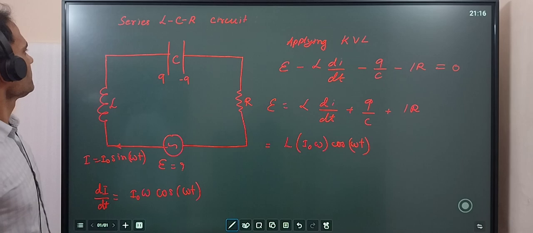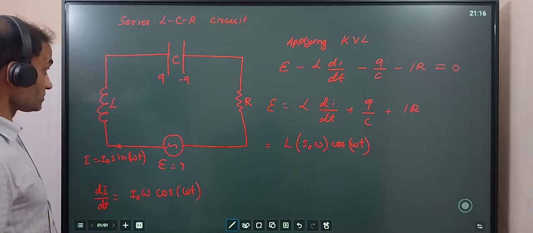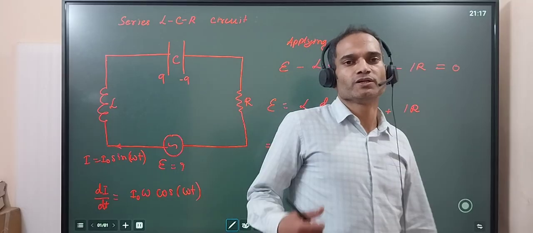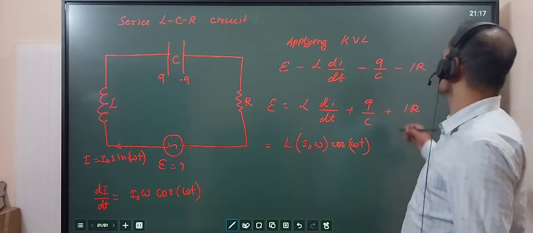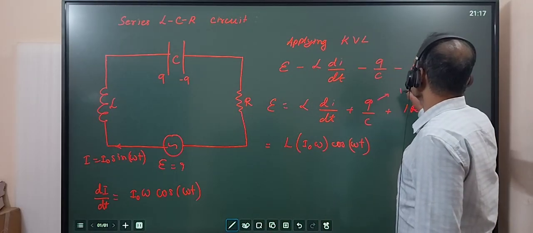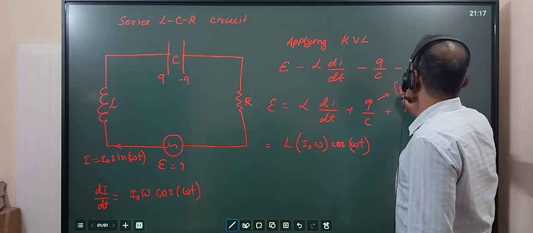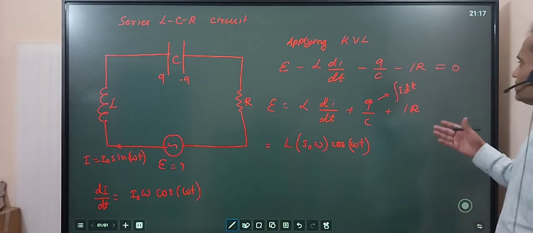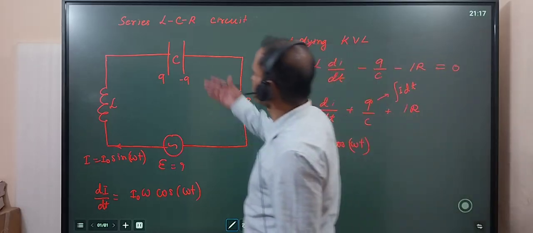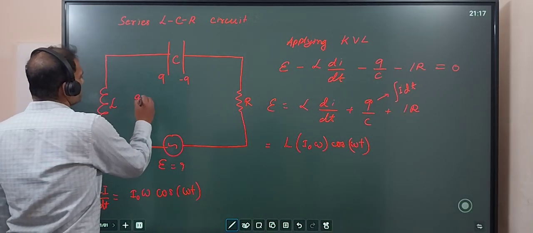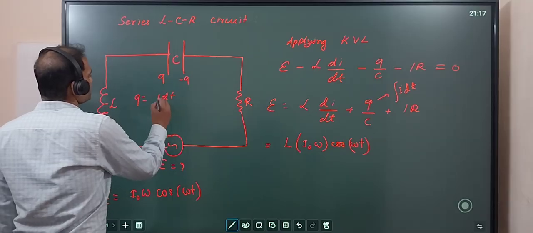Now Q by C. What is Q? Q is the integration of the current. So let us integrate this. Q will be the integral of I dt.